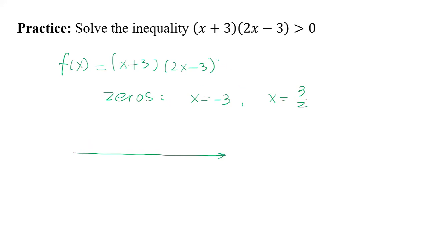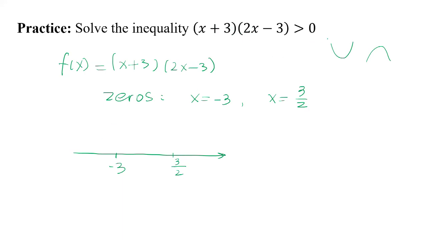And we know that the sketch of this function will look like something like this or this, right? Because it has a positive leading coefficient and a degree of even number, right?